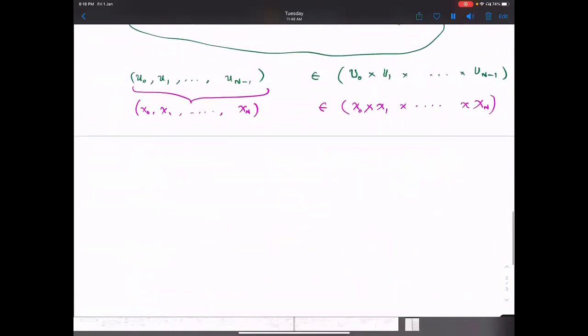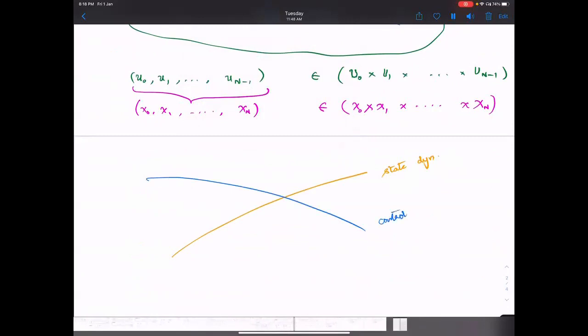And then in simple terms, you have some level set which corresponds to the state dynamics. Then you have another control set, control constraints.